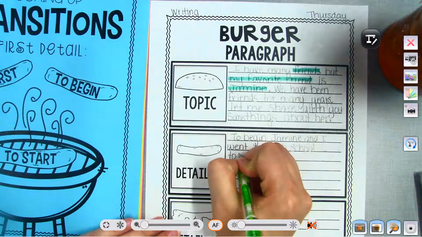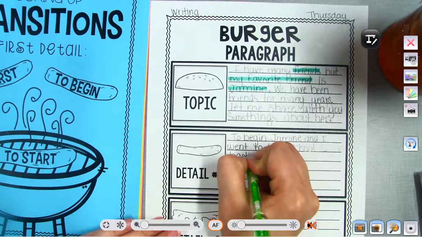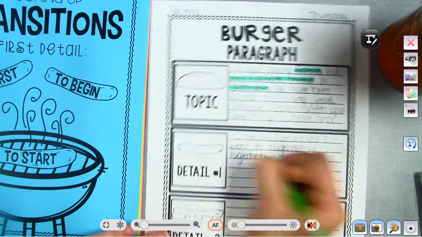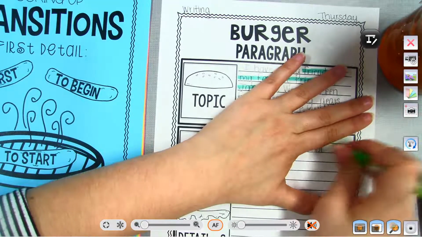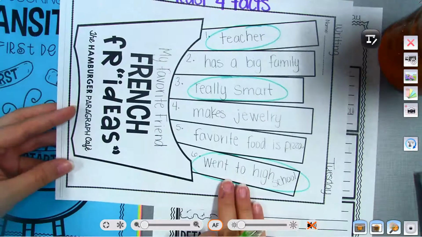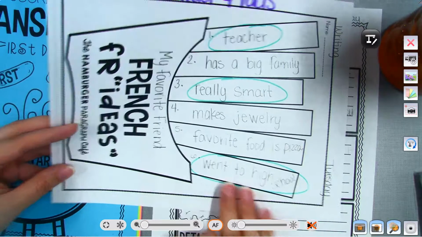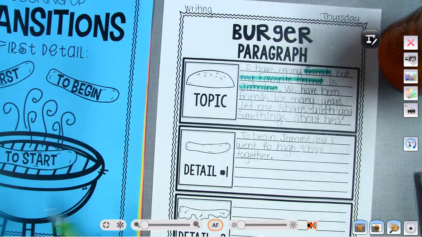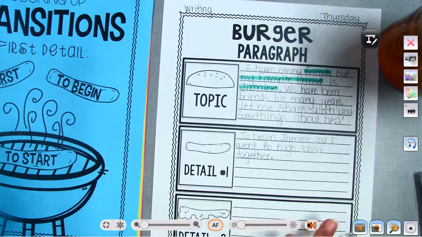Went to high school together, period. So that's my first detail. So all I did was I took my first thing and I put it into a sentence. I used a transition word. To begin, Jasmine and I went to high school together. I'm done with my detail.